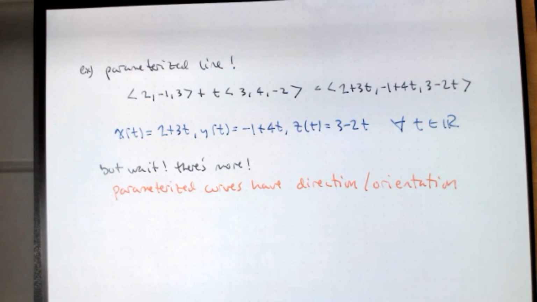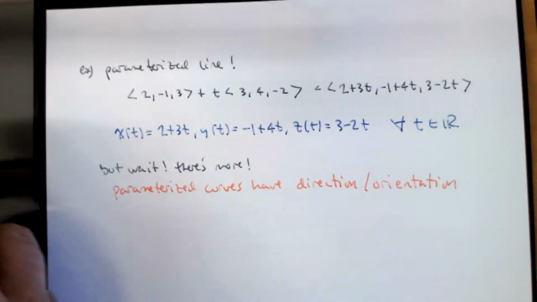So we can take this line and describe different segments depending on our control of the value of t. Now we can change the direction based on where we start and where we end.